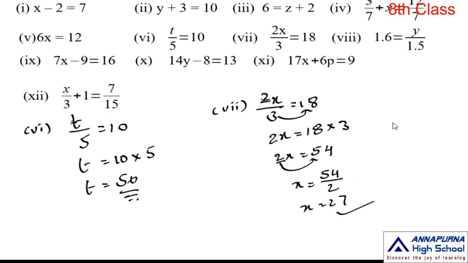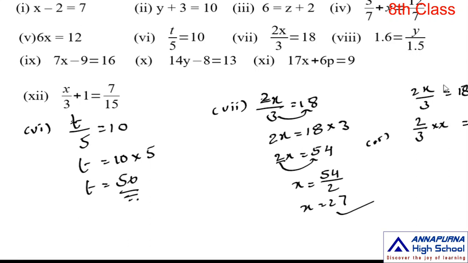Another way you can solve this equation. Let us see. Here the given equation is 2x by 3 is equal to 18. Yes, here we have two terms. Observe the variable term, it's 2x by 3. It can be written as 2 by 3 into x.